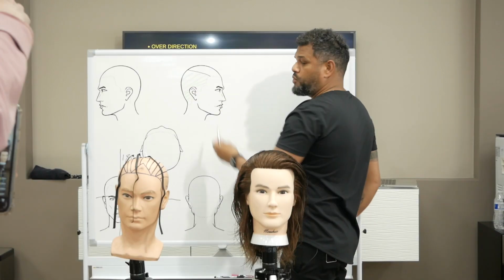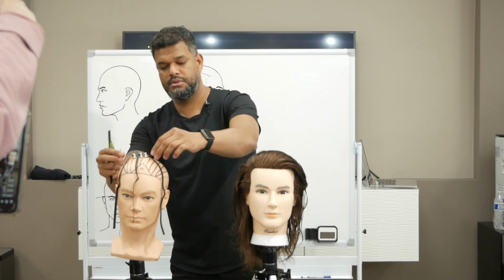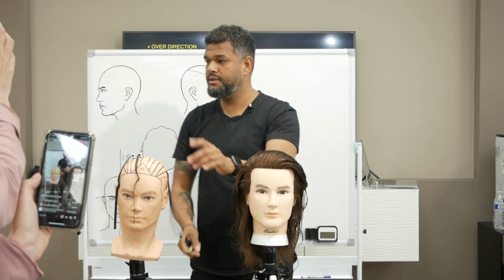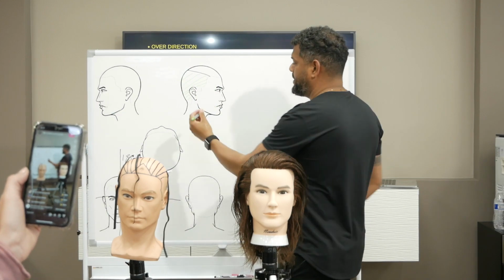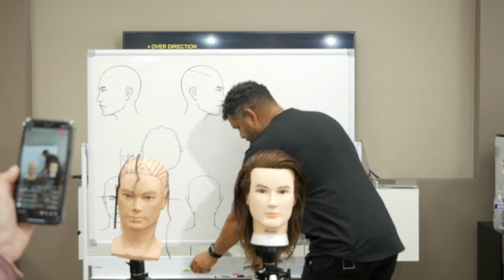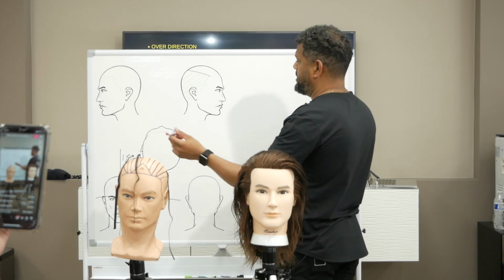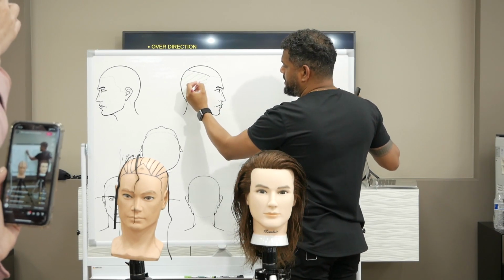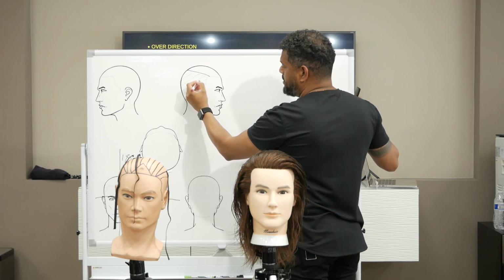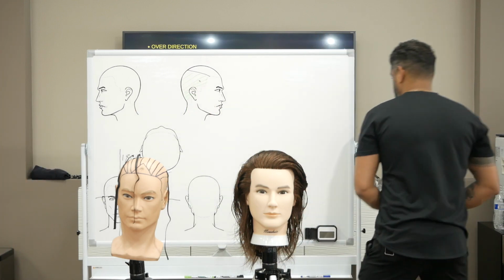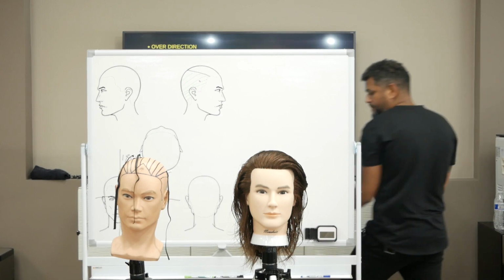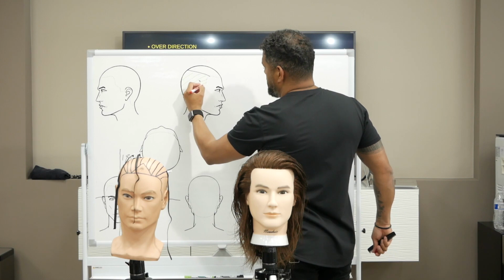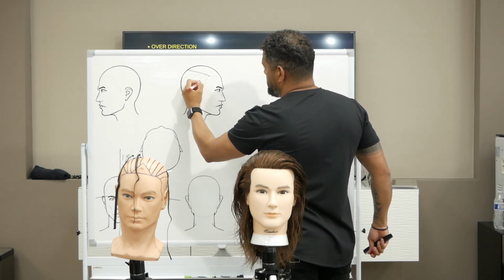So to maintain a square, maintain my length, maintain my shape, what I need to do: get my first section, overdirect to the center.